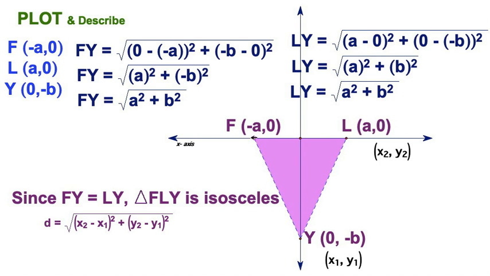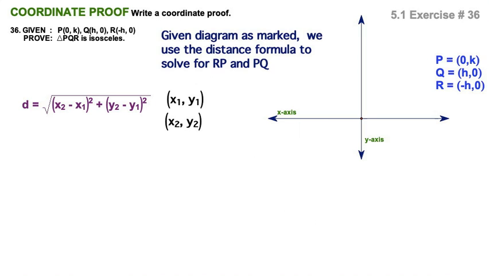Now the next one is actually the same thing. When we write a proof, and this was number 36 out of your textbook that most of you have never seen, we're going to plot these points, except this time I'm going to put point P up here in the positive region of the y-axis. Then I'll put my Q over there.